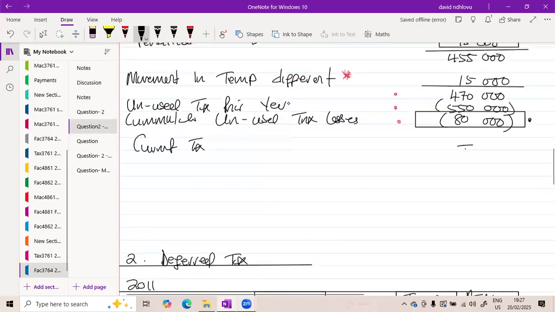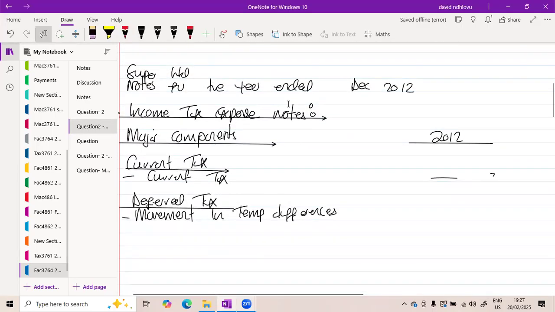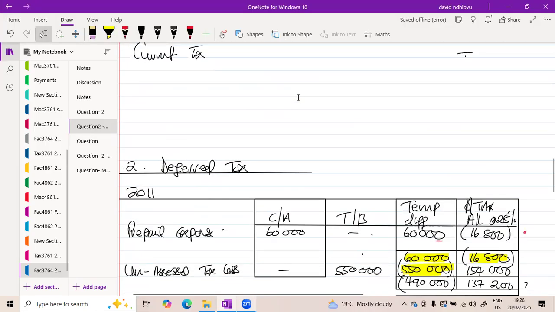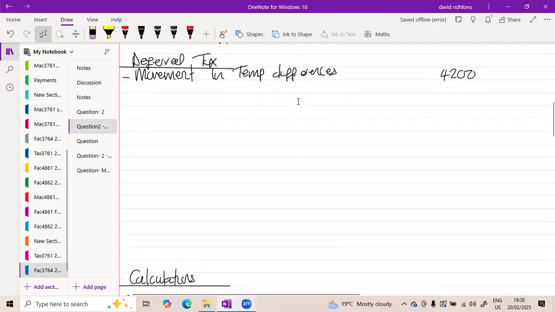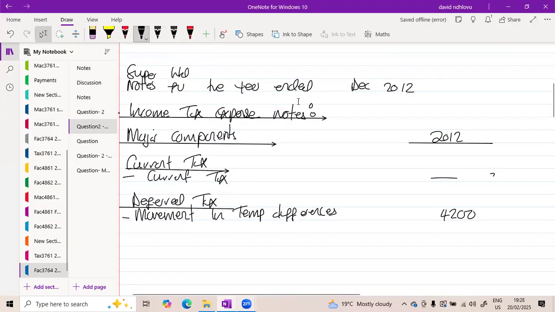This is what we call movement in temporary differences. And the value is 4.2. Now remember, if it is a negative here, when you take it, it becomes positive. This one was a positive amount. So when you take it now to the other stage, then it will become a negative amount.